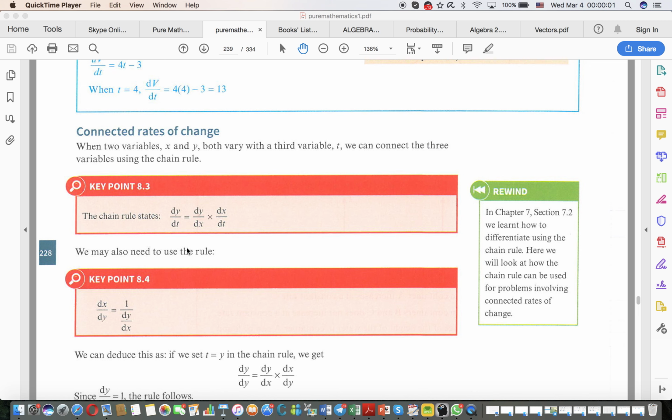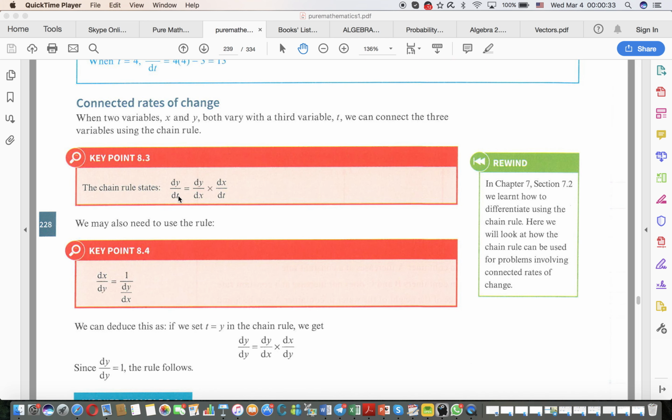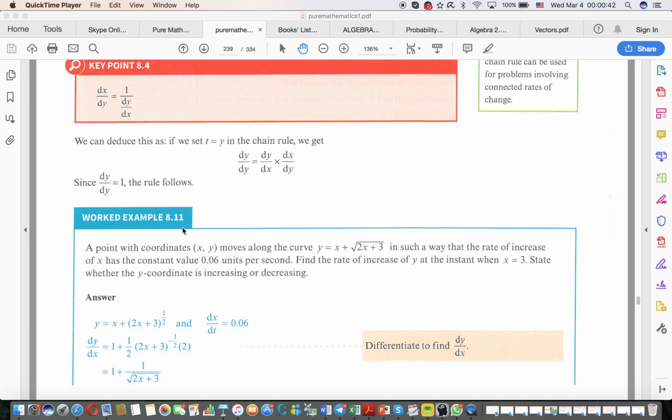So here we are looking for dy over dt. y is expressed in terms of x, so I write dy over dt is equal to, differentiating with respect to x first, but multiplied by dx over dt, as if the dx cancel out each other. dy dt is remaining, which is exactly what we want. So when you are differentiating with respect to a third variable, you use this formula. Remember this formula.